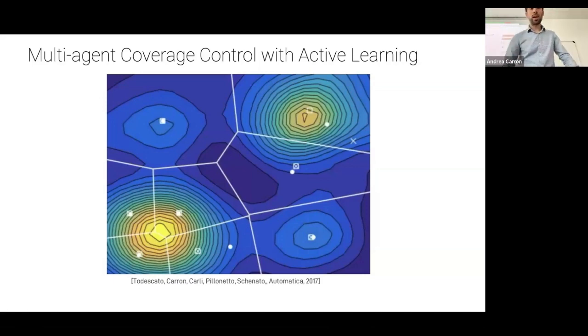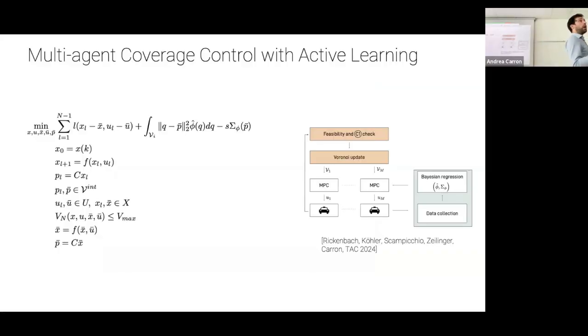And so what we did was, again, to take inspiration from Bayesian optimization. So we have an MPC, and the MPC allows us to satisfy constraints. So we have our dynamics, and we require that our position is within the Voronoi partition, so we cannot collide with other agents. And then we add as terminal cost to the MPC the coverage cost. This is called the locational cost from coverage control.